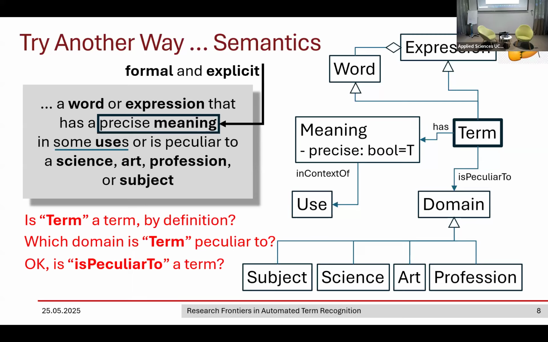No, peculiar to. This one. Peculiar to. Certainly not. Why not? What is peculiar or why is it? It has no precise meaning. It doesn't refer. It's very subjective. So it does not have a concept semantics at the background.